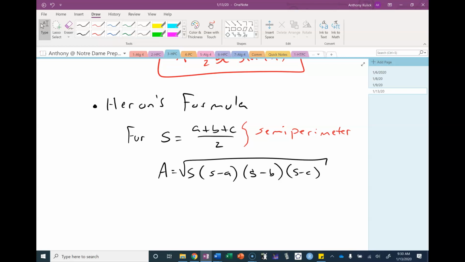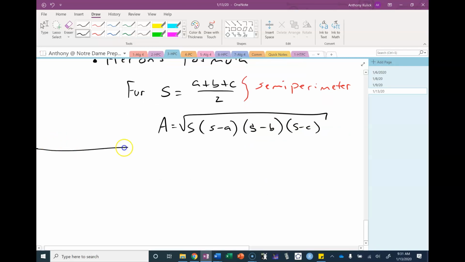So that's what our starting point would be, and we build out from there. So let's look at a couple of examples.